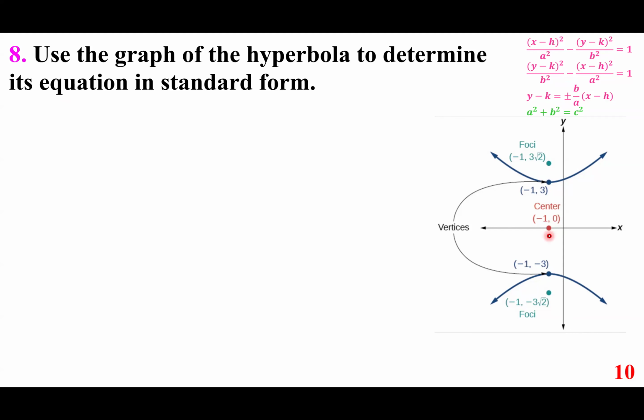The center is located at (-1, 0). It opens up and down. That means the vertices are at (-1, 3) and (-1, -3). That's given.